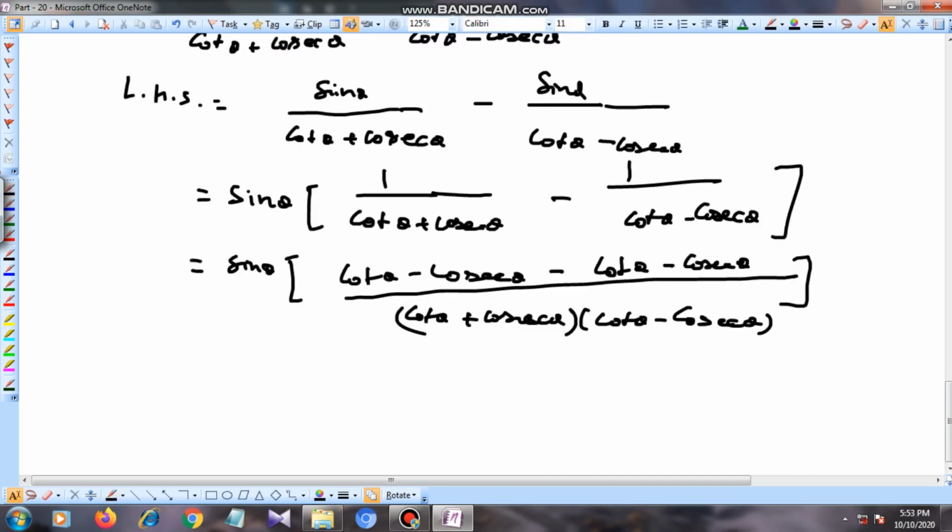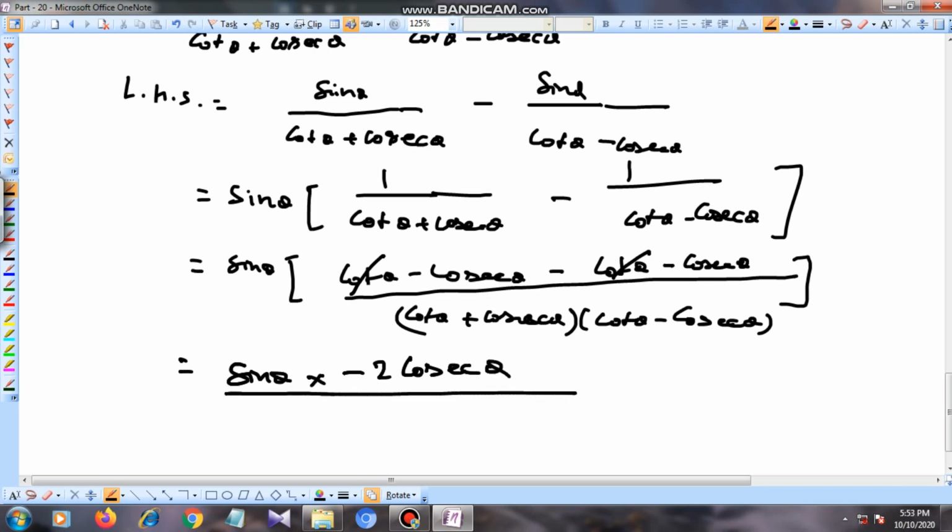Now cot theta and cot theta are of opposite signs, so they cancel each other. Then we get sin theta into minus 2 times cosec theta, upon, this is of the form (a plus b)(a minus b), so this can be written as cot square theta minus cosec square theta.